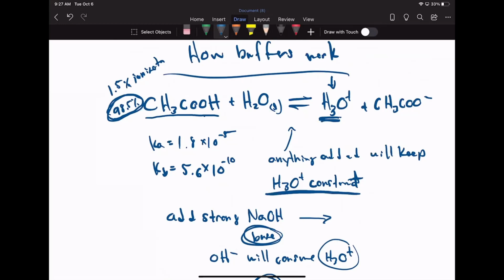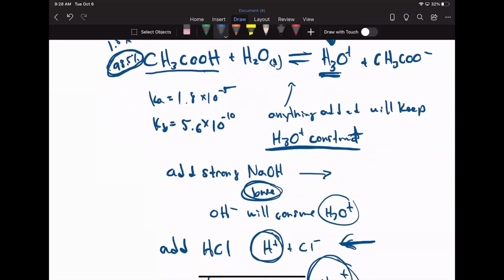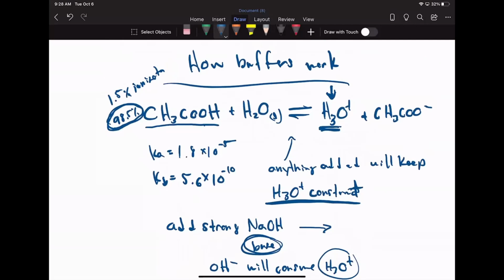But by adding a strong acid, we would increase this concentration, so the reaction has to shift in order to decrease that concentration. So we have to start making more acetic acid and more water, because if we don't, then our pH isn't going to be maintained.